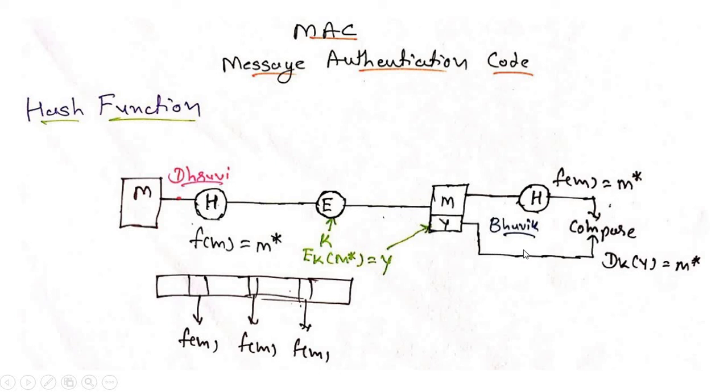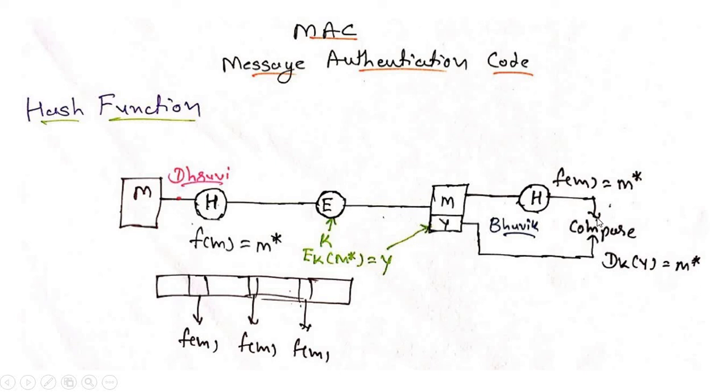Whenever Bhavik receives the message, Bhavik will receive the actual message. Bhavik has the hash function shared by Dhruvi. So Bhavik will apply the hash function on some of the bits of the original message, and then compare it with the encrypted hash function message.